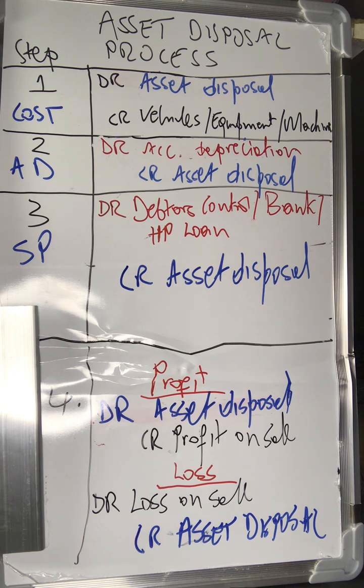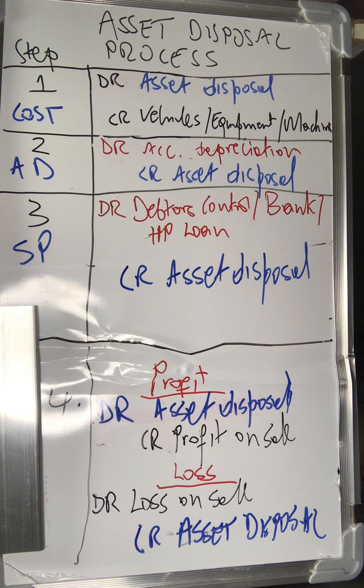So this video in particular seeks to break down and simplify the process of disposing of or selling an asset, right? Do you know that an asset can be sold in three ways? We can sell it for cash, we can sell it on credit, or we can exchange it for a new one.